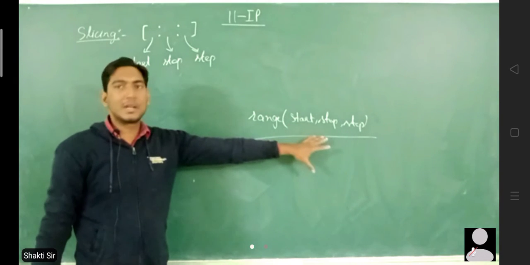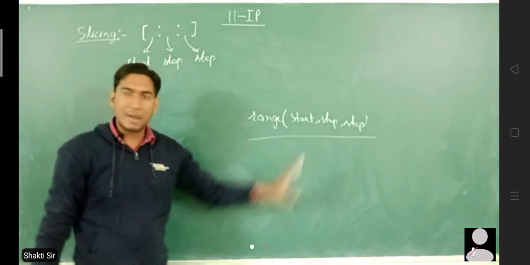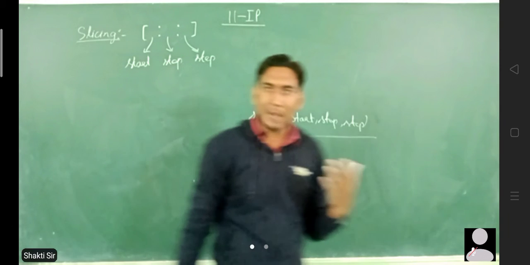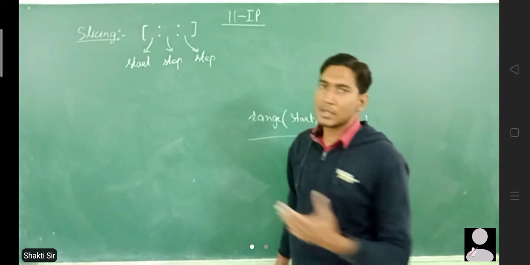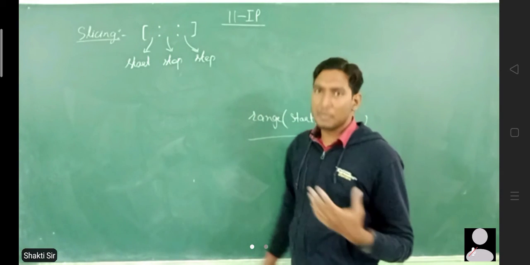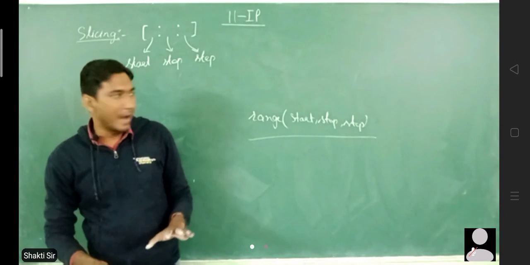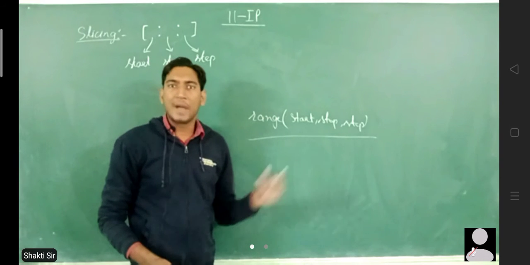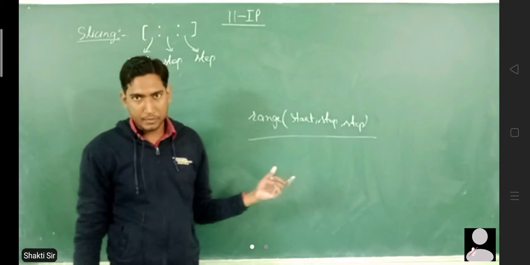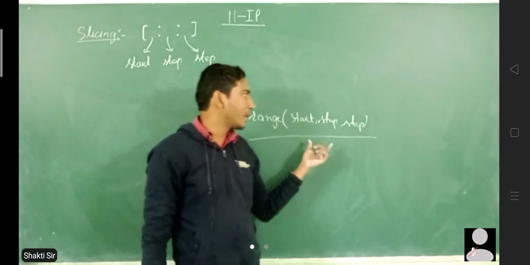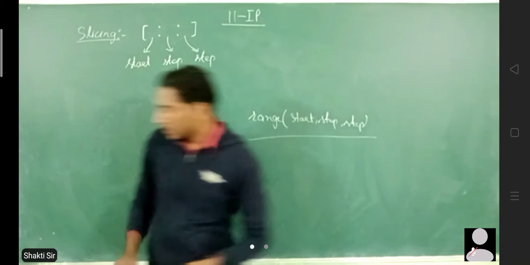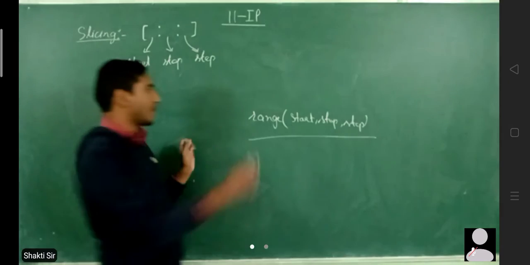The arguments are the same, and they work in a similar manner just like in the case of the range function. Yeah, but one difference is that in the range function the values cannot be negative. In the range function the value cannot be decimal. Okay, so just leave that. Let us see an example.